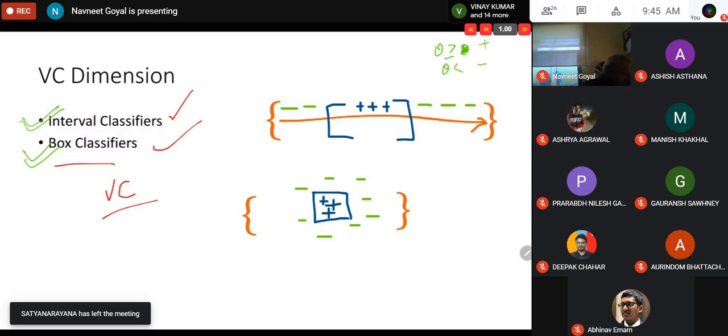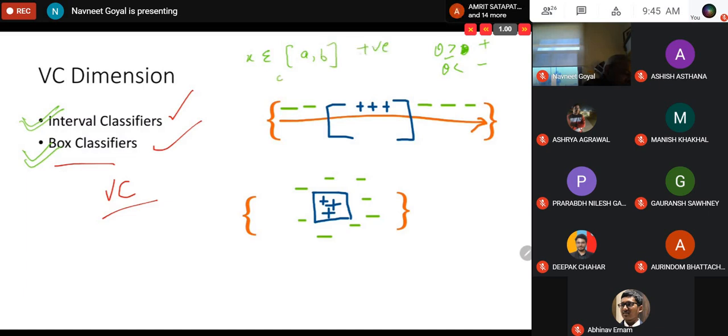Now in the case of interval, if a point x belongs to the interval AB, it is positive, and if x does not belong to AB, it is negative.